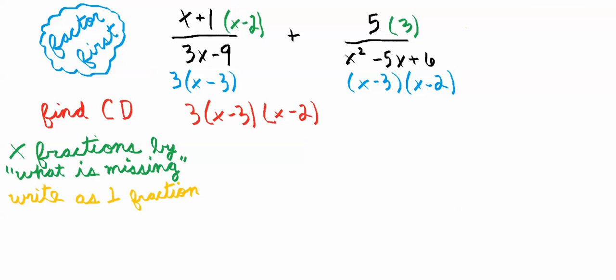Now, once we have multiplied each fraction by what is missing, we write the whole thing as just one large fraction. So we end up with x squared minus 2x plus 1x minus 2 plus 15 over our common denominator of 3 times x minus 3 times x minus 2.